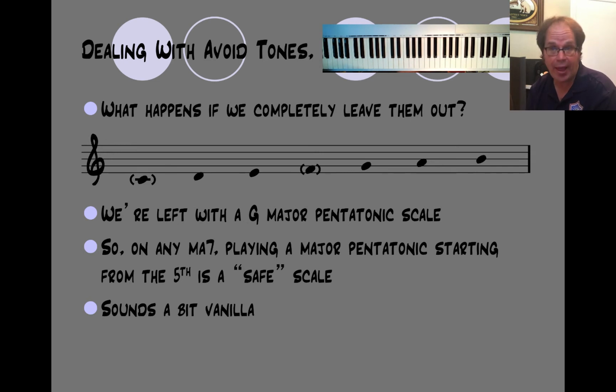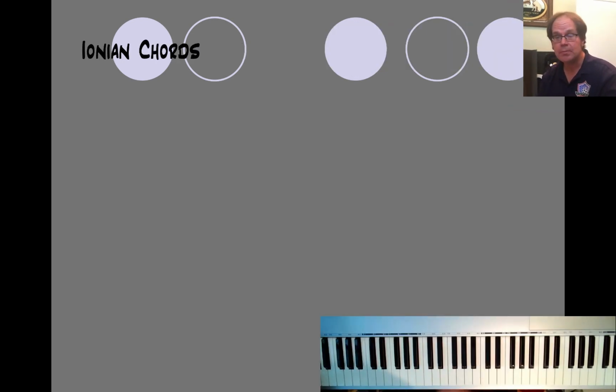So if you had A flat major 7, for instance, what would be your major pentatonic? It would be an E flat major pentatonic scale. So if I played A flat major 7, that sounds really nice on there. However, if you did that every single time, it would kind of get a little bit boring. It's got kind of a vanilla sound to it, right?